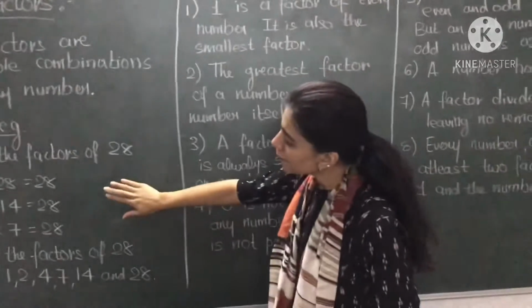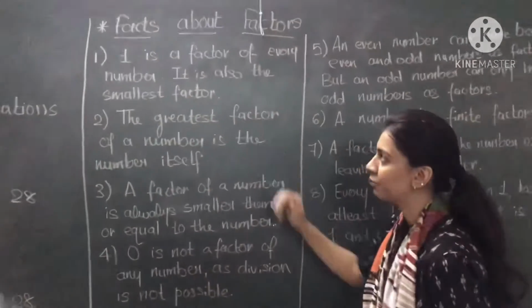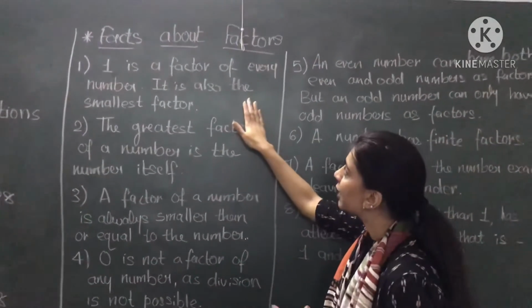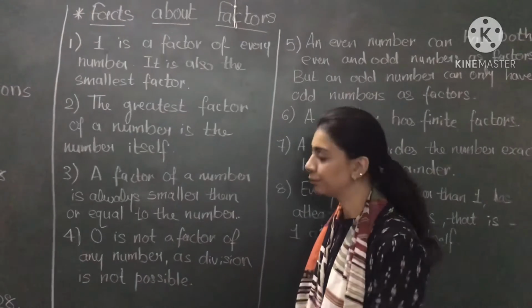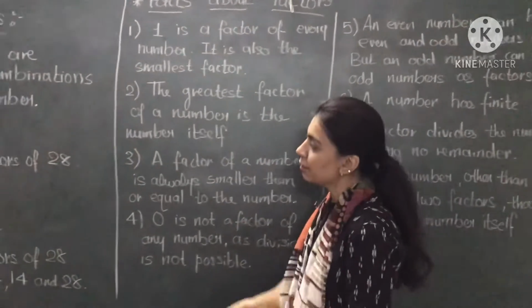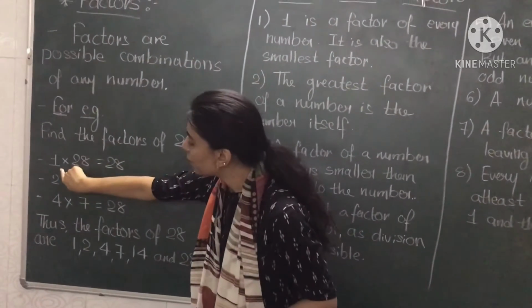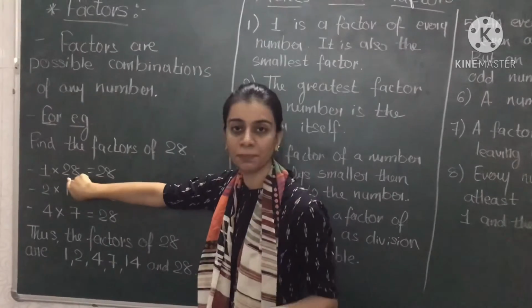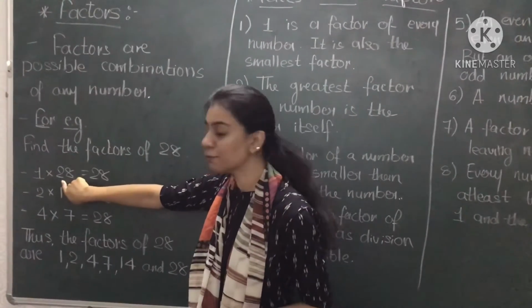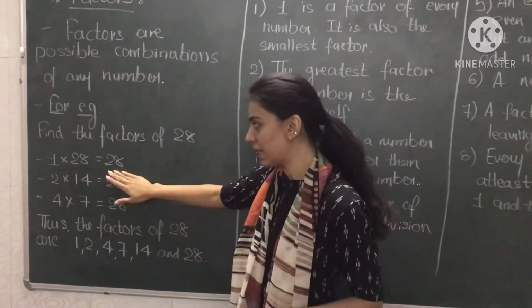Now, from this example, let me explain to you the facts about factors. 1 is a factor of every number and it is also the smallest factor. For example, in the factors of 28, the first possible combination we wrote when we started to form the combinations for a number was 1 cross 28 equals 28.